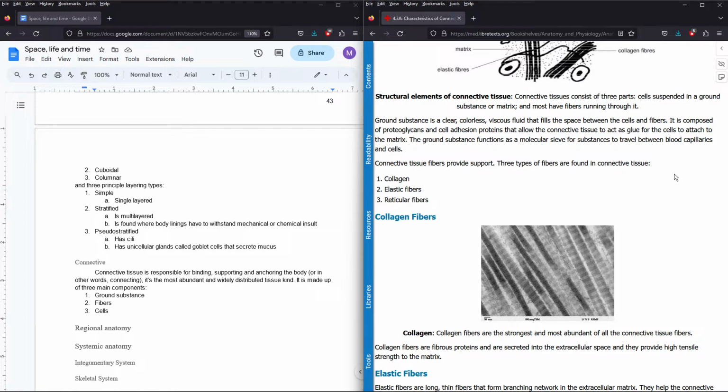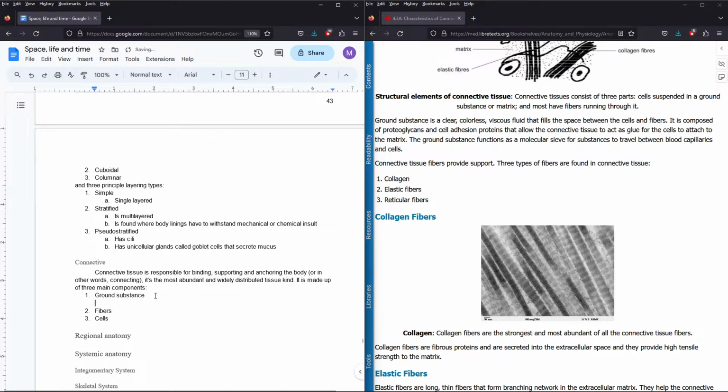Ground substance is a clear, colorless, viscous fluid that fills the space between the cells and the fibers. Okay, understood.